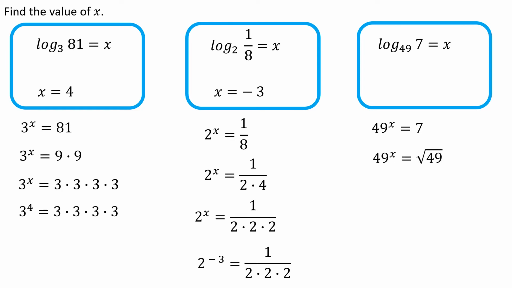Well, I know 7 is the square root of 49. And I know square root is really an exponent of 1/2. So 49 to the 1/2 power is the same thing as square root of 49. The exponent has to be 1/2.